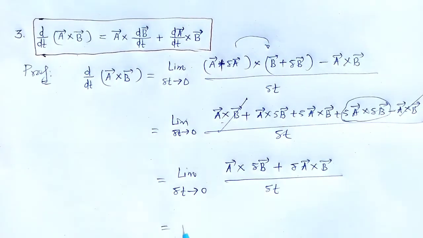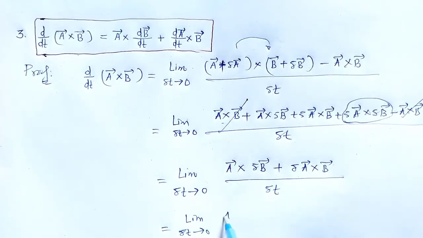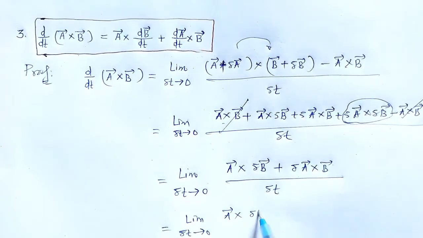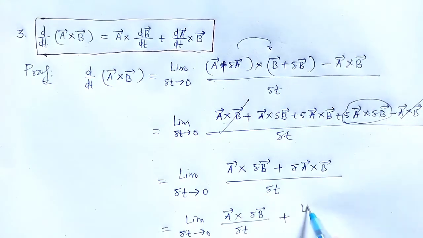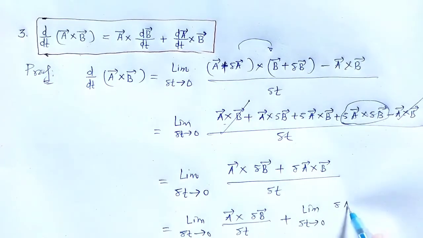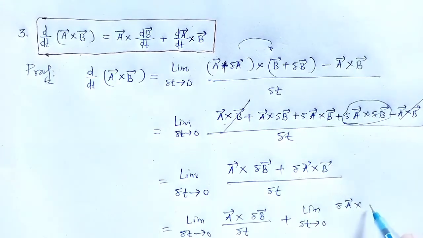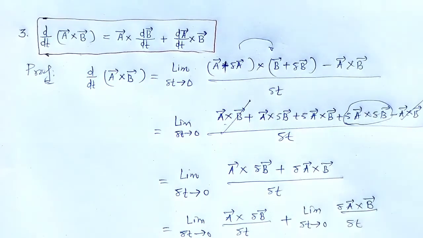Now separate these two: the limit as Δt tends to 0 of a × Δb/Δt plus the limit as Δt tends to 0 of Δa × b/Δt.